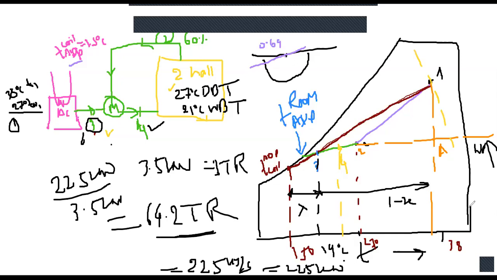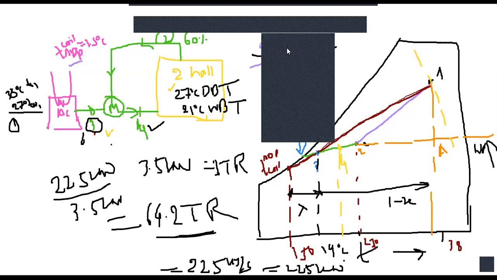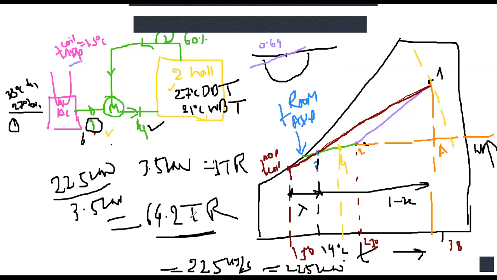Now, a very important point: if we go to the market, we cannot tell the supplier or the seller, I have to buy 64.2 ton of AC. We go for either 65 ton of AC or 63 ton of AC, whichever is available.